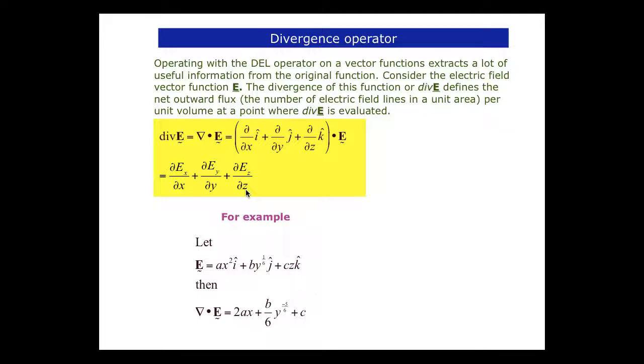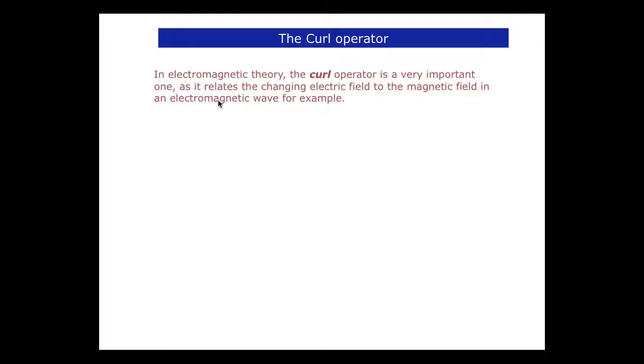You can also apply the del operator to a vector function in a way similar to the cross product of two vectors. Applied in such a way, the del operator is called the curl. The curl operator is a very important one, as it relates the changing electric field to the magnetic field in an electromagnetic wave, for example.